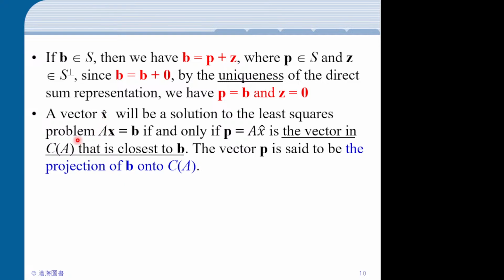We want to find the closest point in C of A to b, and that will be P, which is A x hat. P is called the projection of b onto C of A.